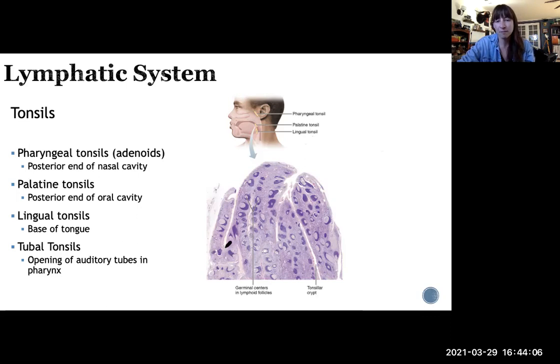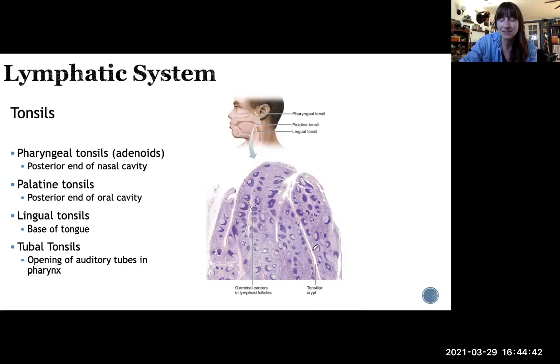Their structure gives them this really weird physical ability to collect pathogens, which is kind of weird and gross. They have a capsule of connective tissue, but that capsule dives down into these blind-ended tonsillar crypts. So this is literally a tube or a gap or an invagination into the tonsil where mucus and whatever crap you swallow or breathe in through your nose can get trapped really easily.